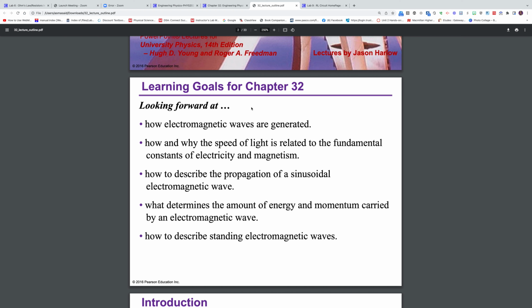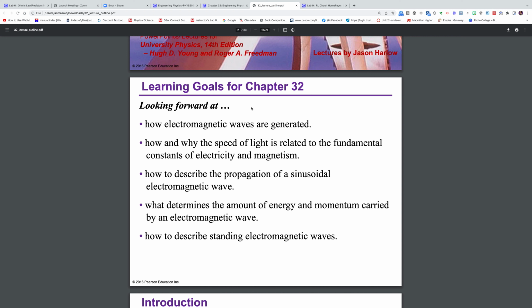What is the process of generating these? How and why is the speed of light related to the fundamental constants of electricity and magnetism? We will be able to find c, the speed of light in vacuum, using epsilon zero and mu zero.